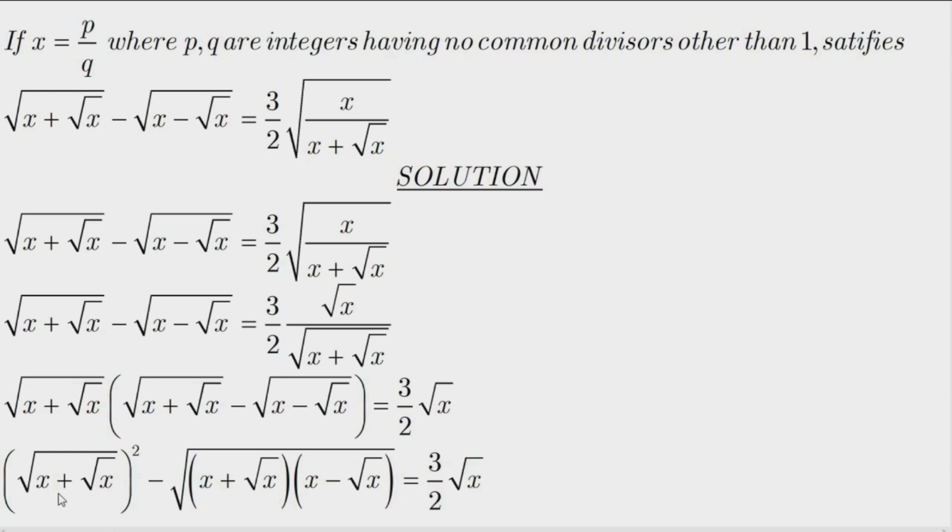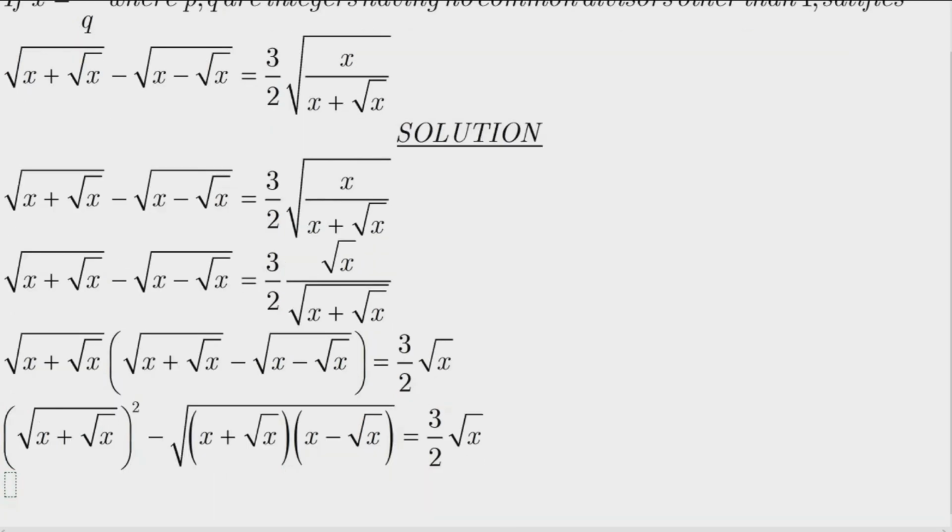Alright, then as we can see here, we will simplify square with the square root, then we got this, and here x plus square root of x times x minus square root of x, that will be equal to x squared minus square root of x squared. Okay, then that will be equal to x plus square root of x minus square root of x squared minus x.